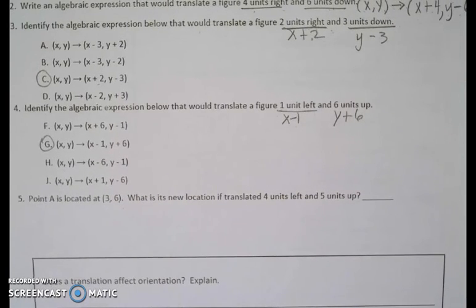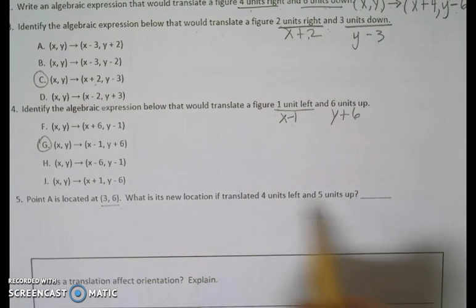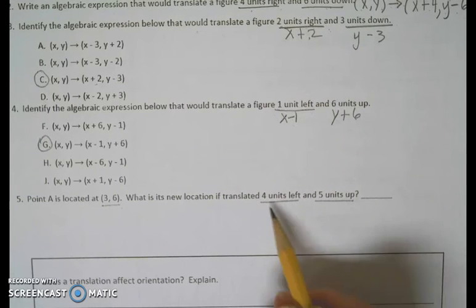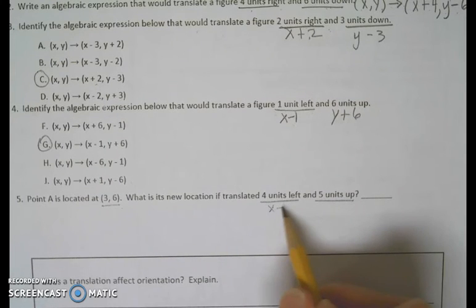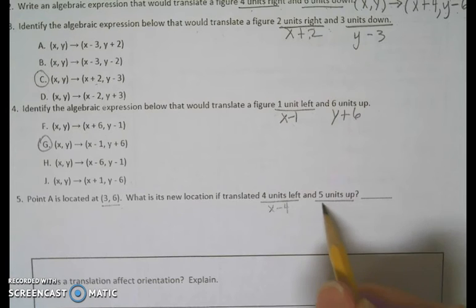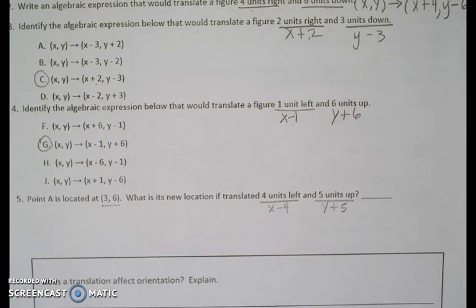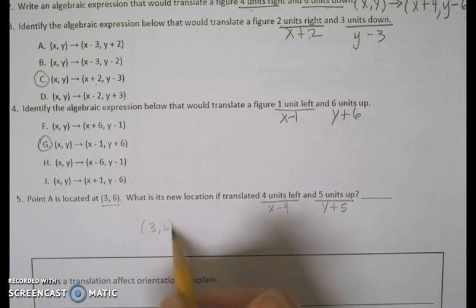Point A is located at 3, 6. The new location is translated 4 units left and 5 units up. So I know that 4 units left would be x minus 4, while 5 units up would be y plus 5. So this time, since we have coordinates, we're actually going to use numbers. So we're going to start with our 3, 6.